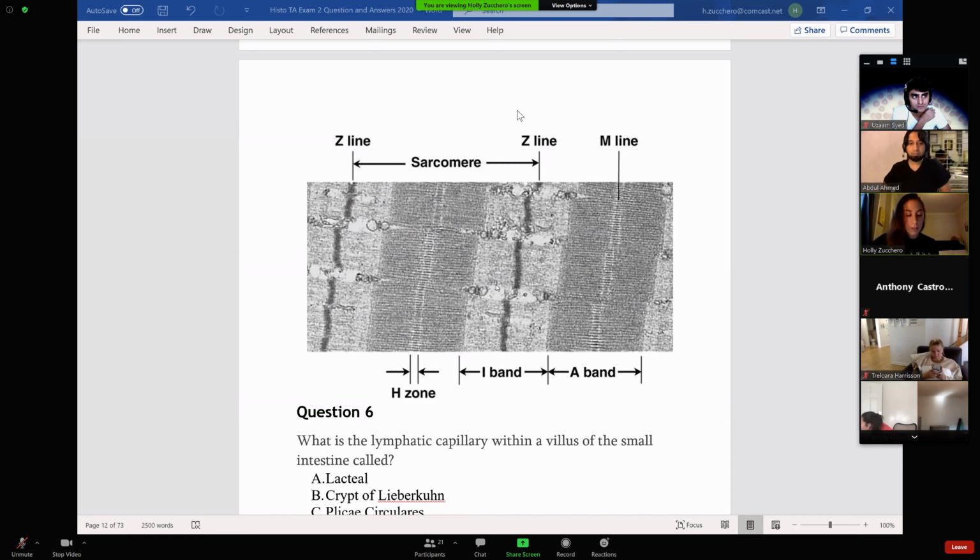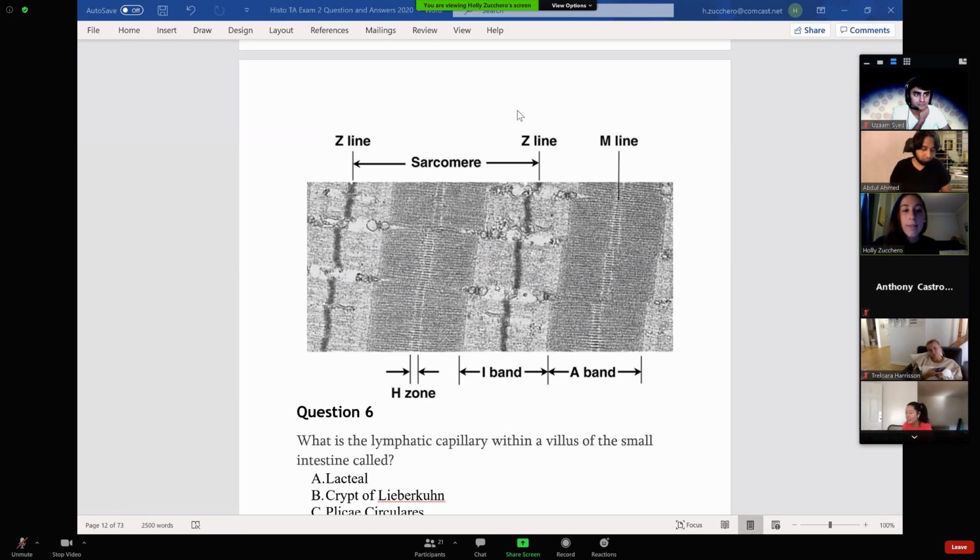I believe so. I saw this question before, maybe in BRS or something like that, so I'll go back and find it, and I'll send you an email. But I do believe the A band typically will stay about the same size, and the I band will shrink just a little bit, because you're bringing these portions of the sarcomere closer to each other.